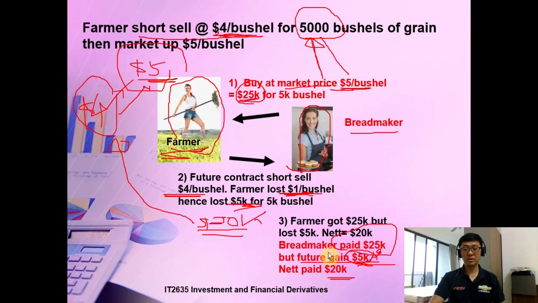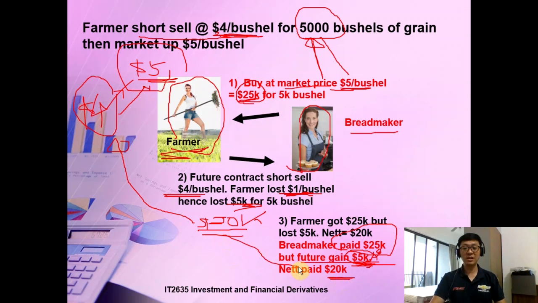So in essence, again, the bread maker actually pays, right? Even though she pays 25K for the sales transaction, because of the gain from this $1 increase times 5,000, you get the 5K. The bread maker actually nets off the payment. 25K paid, but then she gained the 5K, so net will be 20K.